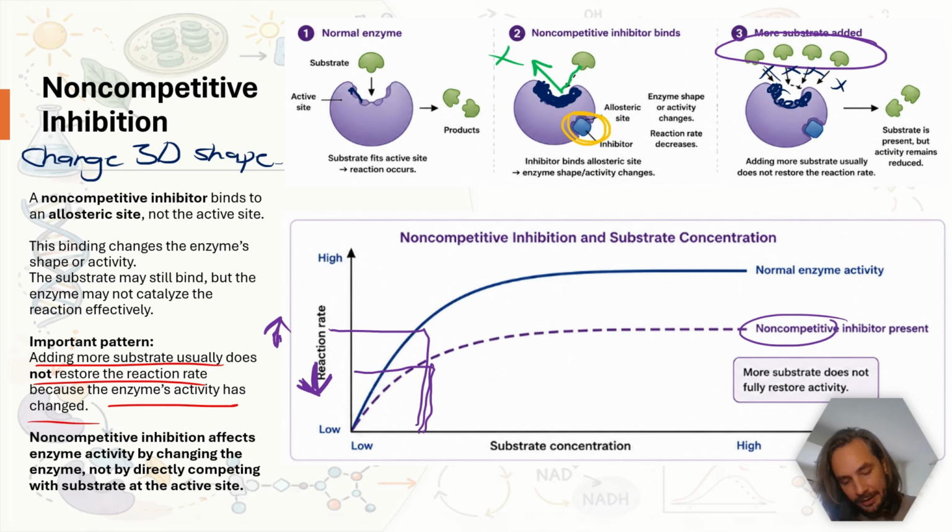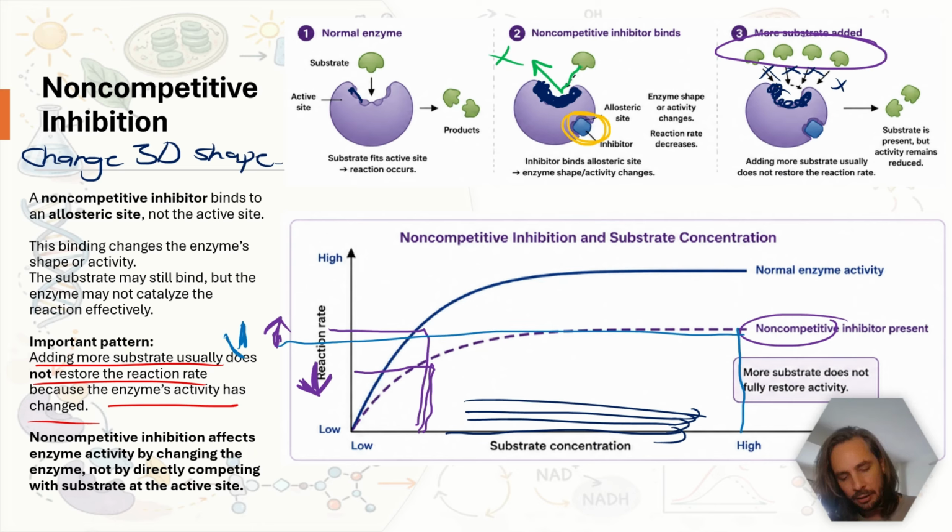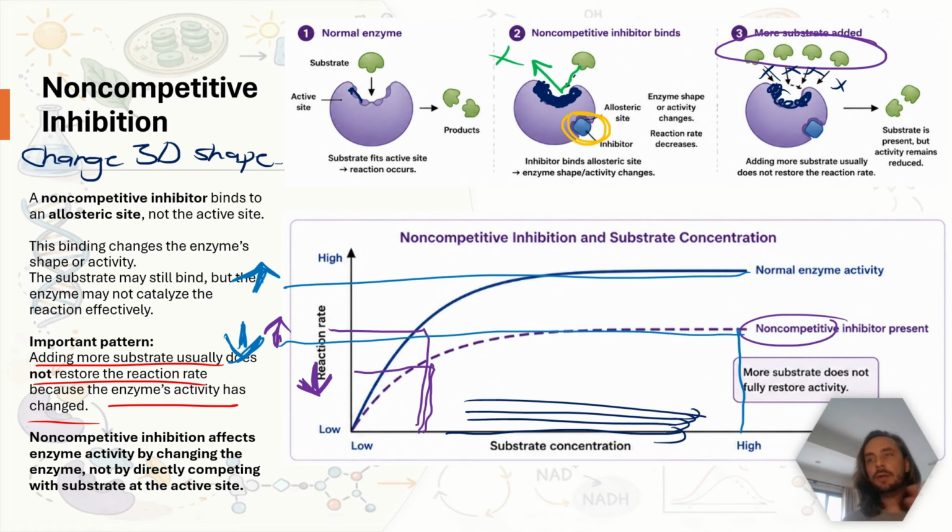But even if I start to add more substrates, it would still stay very low compared to normal enzyme activity that's very high, because it's not competing for the same active site, and it has changed the 3D shape of that enzyme by binding to this allosteric site.